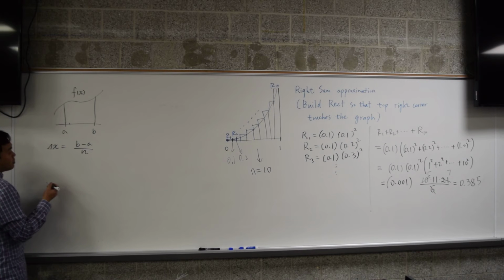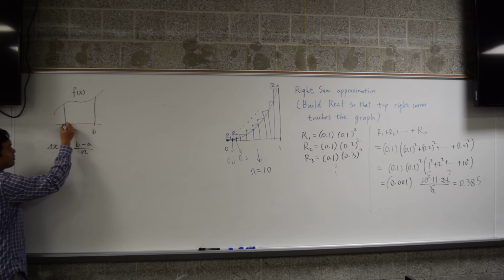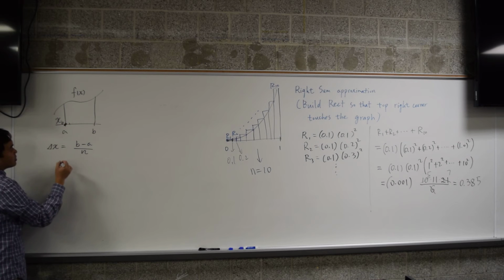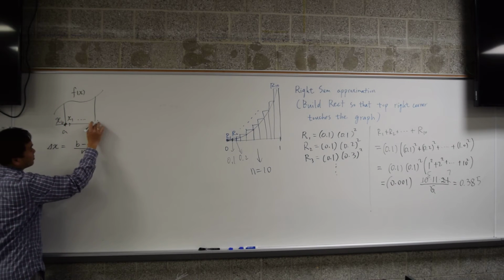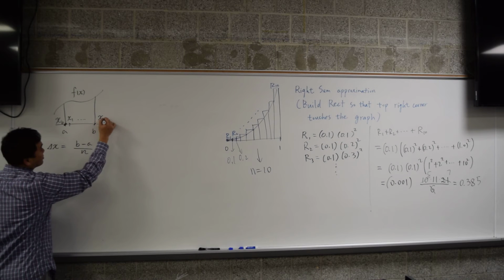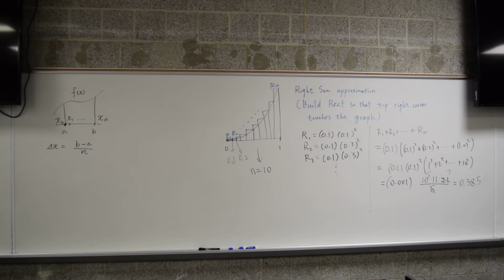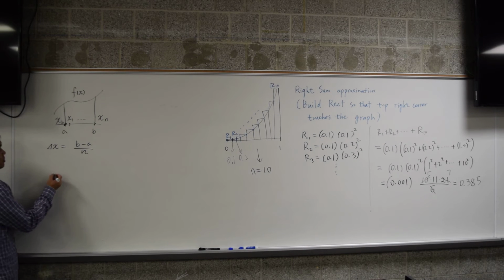All right, then we have another naming convention, which is good to follow. We call the left endpoint x0, right? And the next stop as x1, all the way till the last one as xn. So x0 until xn. And of course, x0 is a itself.